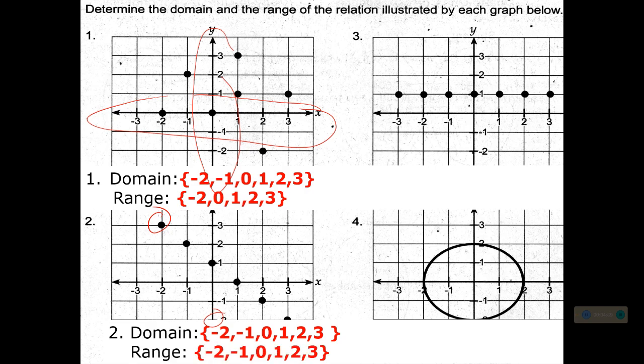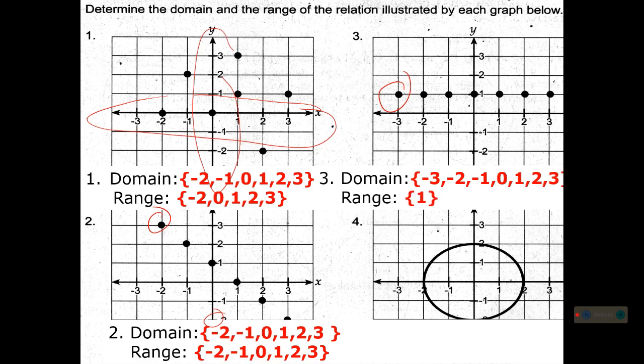So we have -2, -1, 0, 1, 2, 3 as our range. Any question? Next, number 3. Let's start from this as the least. Negative 3, negative 2, negative 1, 0, 1, 2, 3. How about the range? As you have seen, our range is only 1.